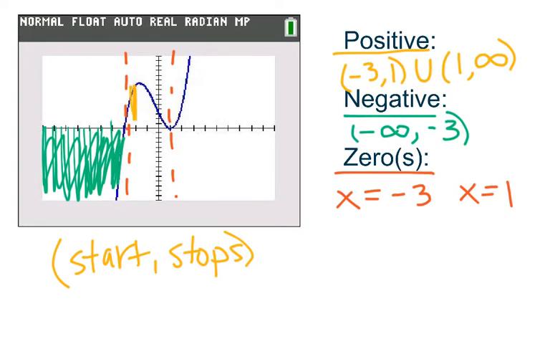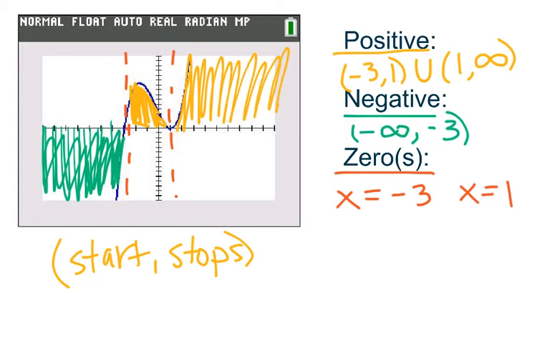And then when your x's go from -3 to 1, you're above the x-axis. And then after 1 and everything bigger than 1, you're above the x-axis. So you're negative over here from negative infinity to -3. Then in the middle from -3 to 1, you're positive. And then again, from 1 to positive infinity, you're positive. And then you only hit 0 when you're at -3 and 1, sorry.